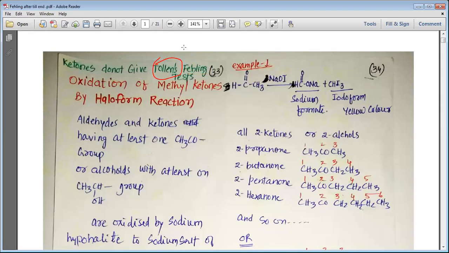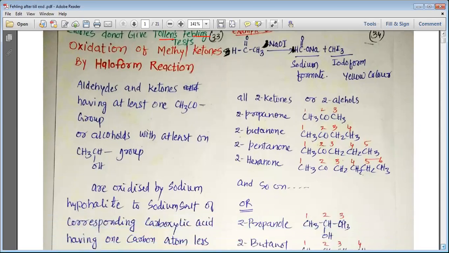So even if you have two compounds, one is benzaldehyde and another is acetaldehyde, you allow them to undergo the Tollens and Fehling tests. The benzaldehyde will undergo the Tollens test, and the acetaldehyde will undergo both the Fehling as well as the Tollens test. So this is how you can distinguish between aliphatic aldehydes and aromatic aldehydes.